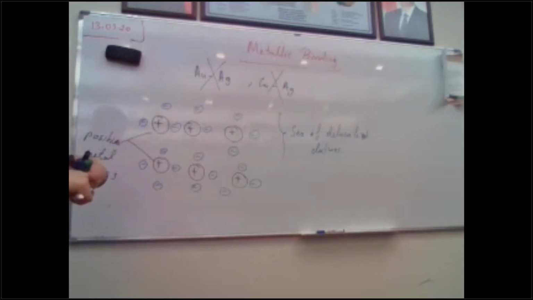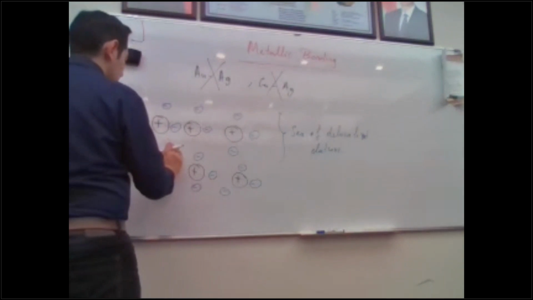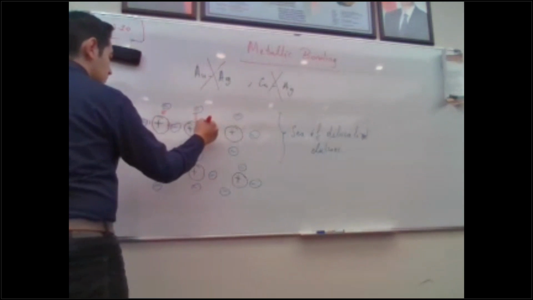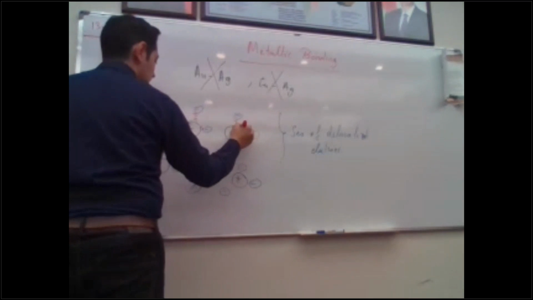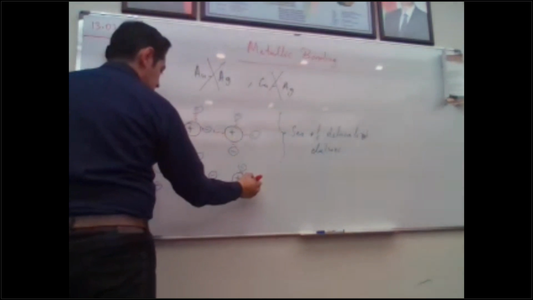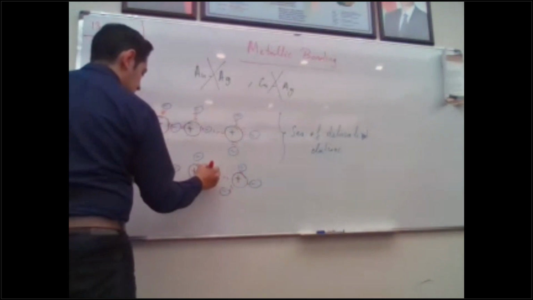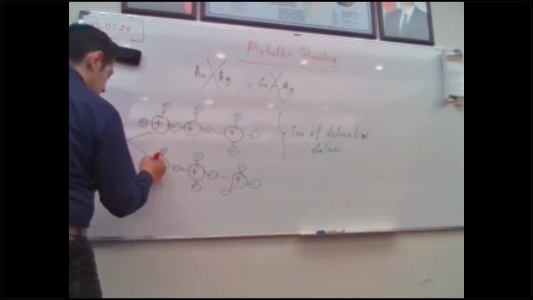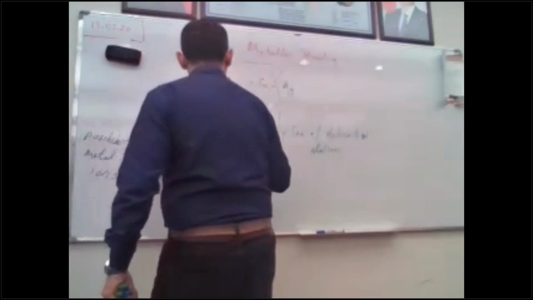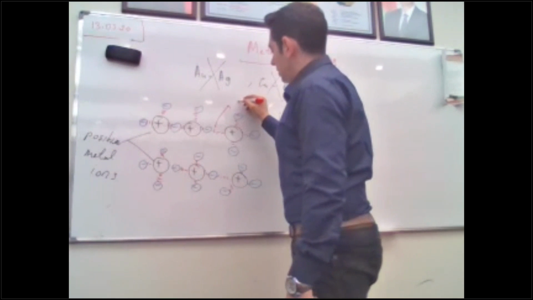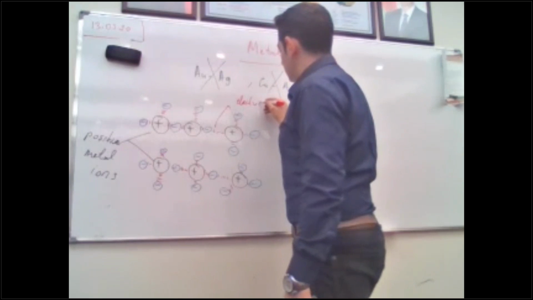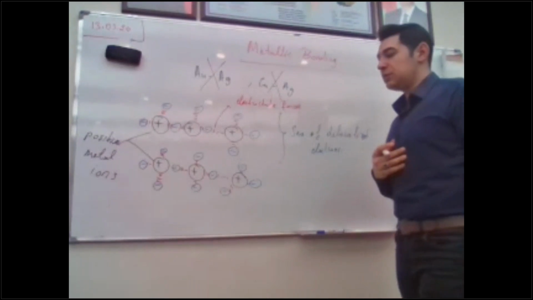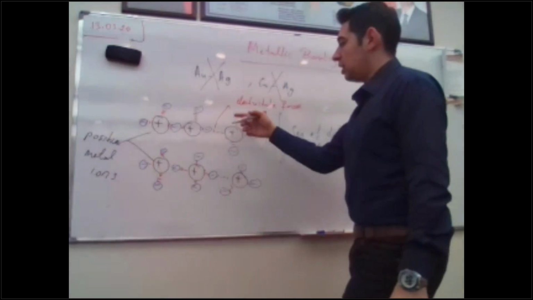Again, it is an electrostatic force because this force takes place between positive and negative charges. So this type of force of attraction is called electrostatic force. Why? Because it takes place between oppositely charged ions.